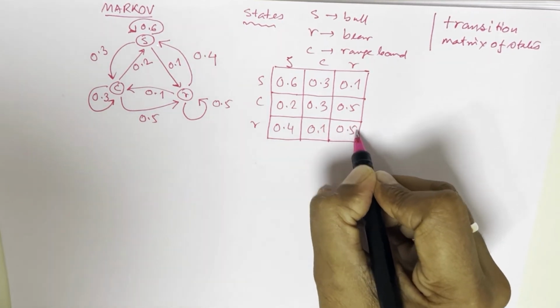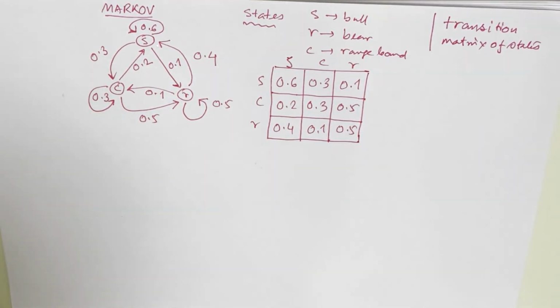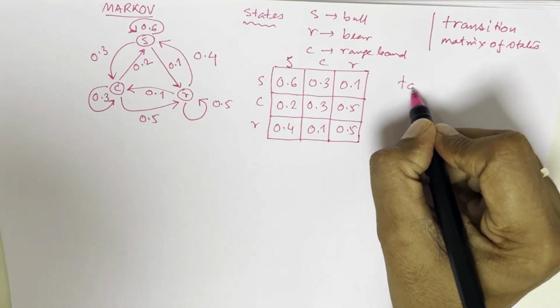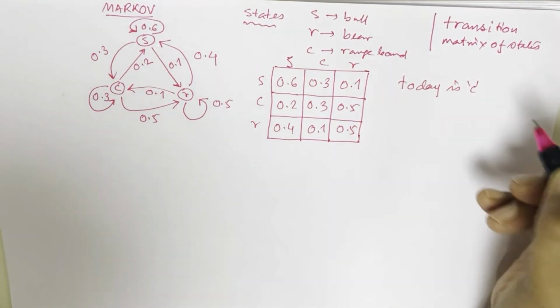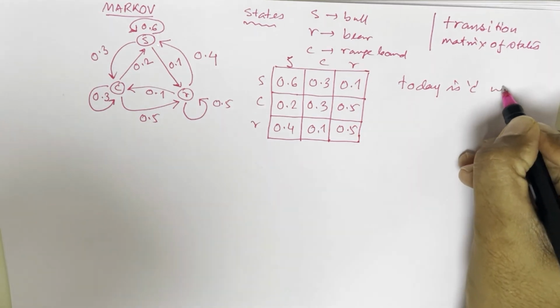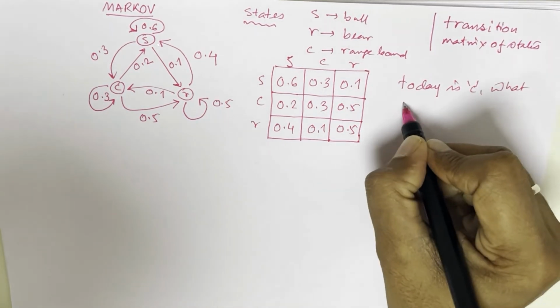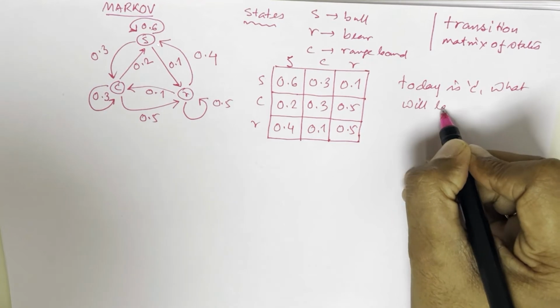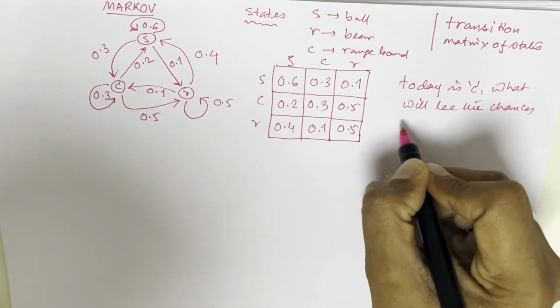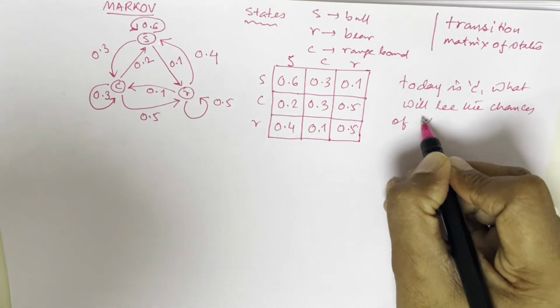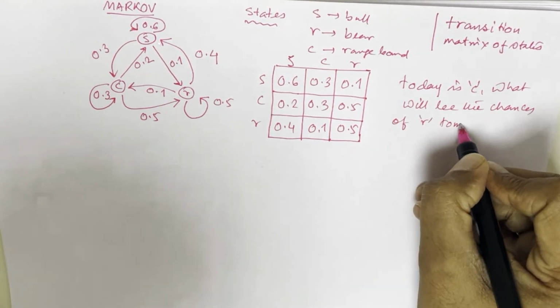And now, after the transition matrix is done, let us ask the most valid question. Today is C, that is range bound. What will be the chances of R tomorrow?